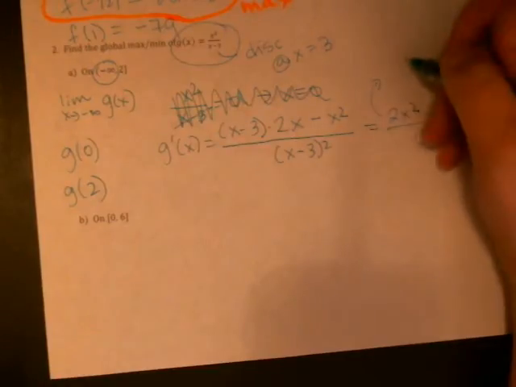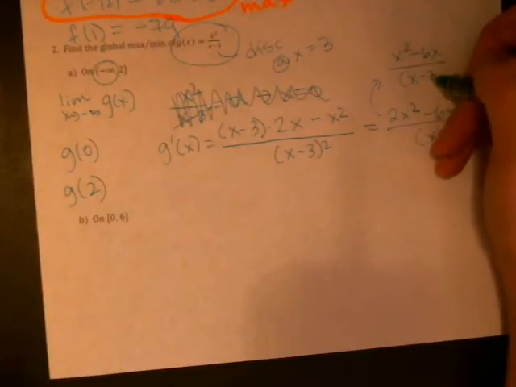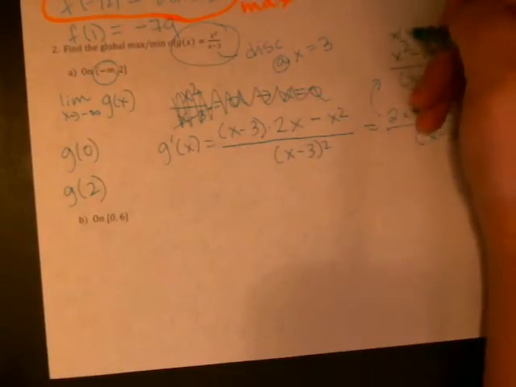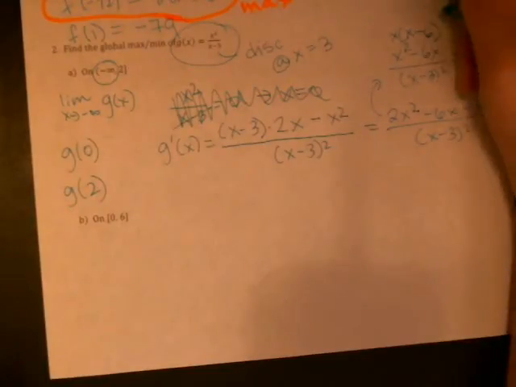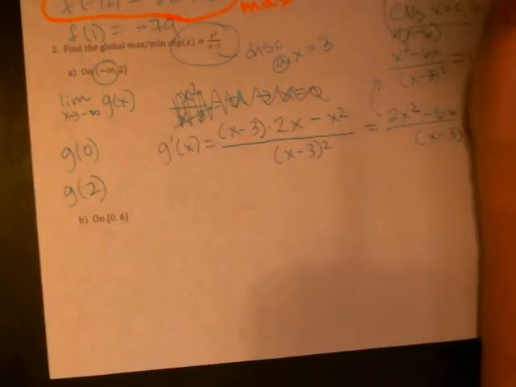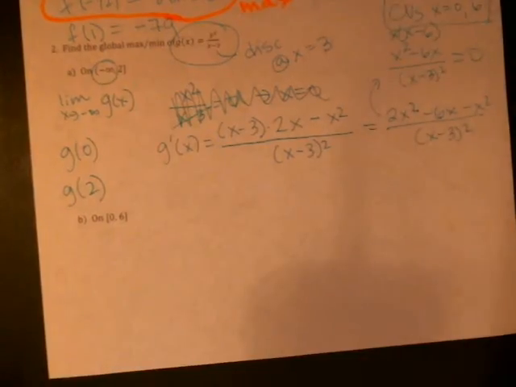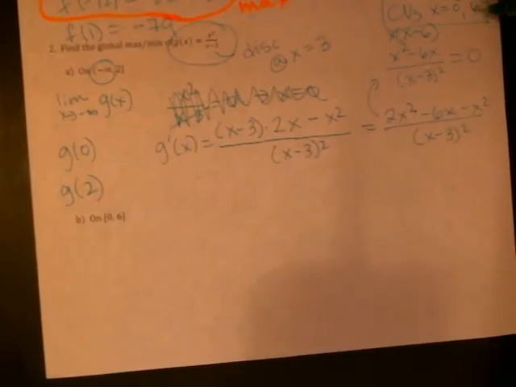We'll go backwards order here, which is x squared minus 6x over x minus 3 squared. You can factor an x out of that. And it looks like this thing is going to equal 0 if x is equal to 0 or 6. So those are my critical values. So I guess I do end up checking 0, so that isn't such wasted writing. I'm not checking 6 because it's not on my interval.